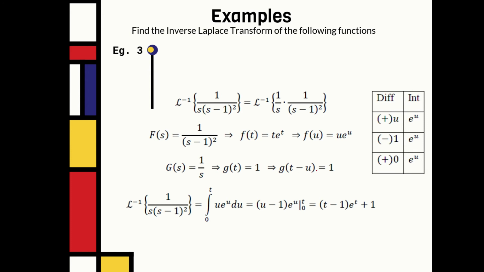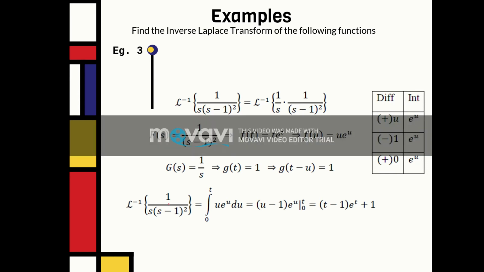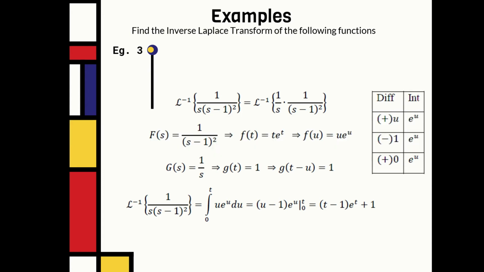So g(t minus u) also equals 1, because 1 is a constant. So the inverse Laplace of 1 over s(s minus 1) squared equals the integration of u e to the u, from f(u), times g(t minus u), and we know that g(t minus u) equals 1. Then we get the integration of u e to the u du.